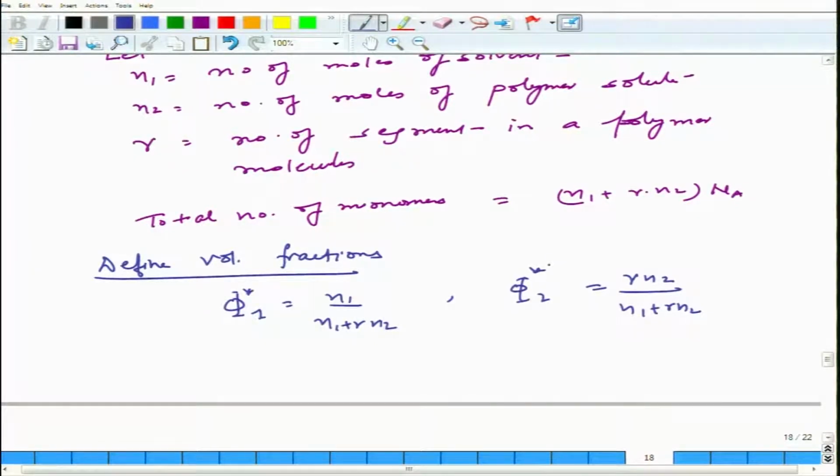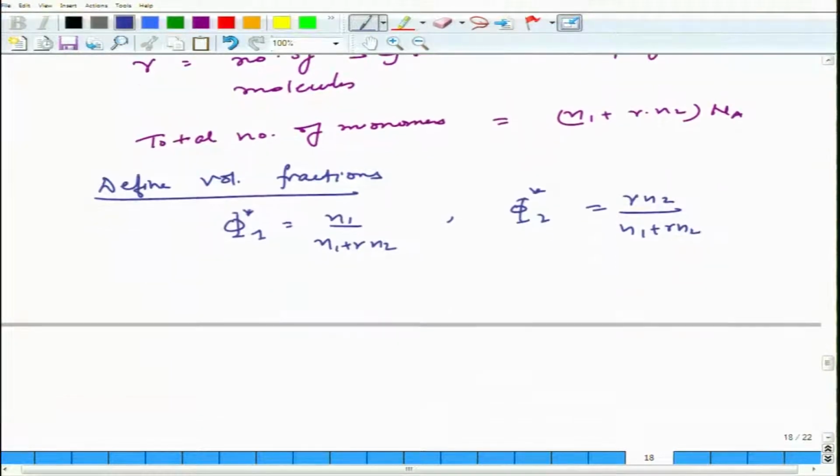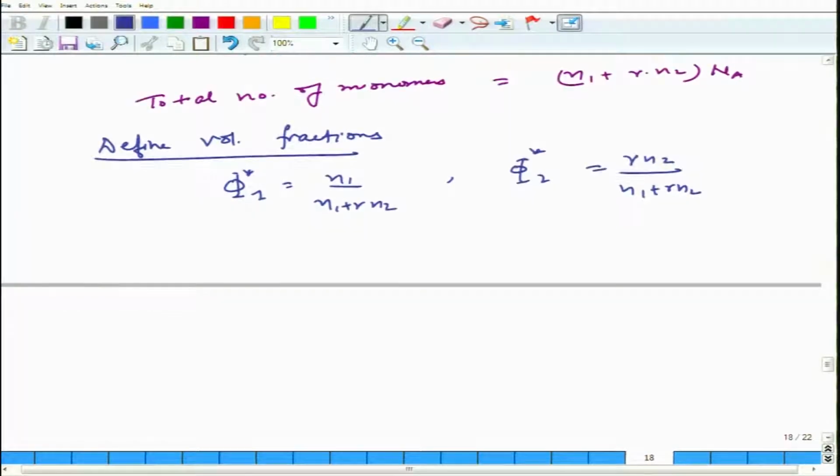Okay. So, this is the definition of volume fraction. Note that each monomer has the same size, and that is why it should be straightforward.